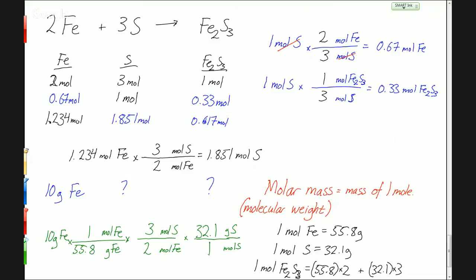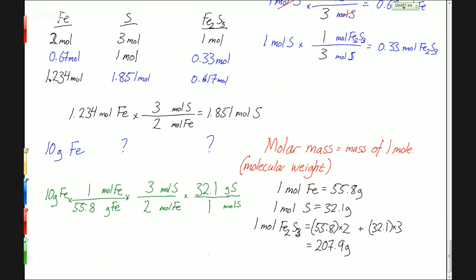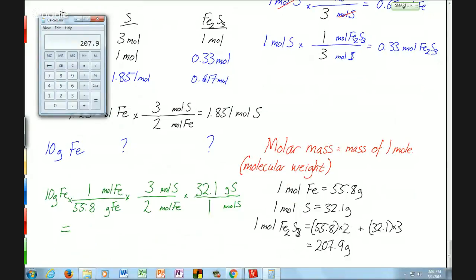And once again, our units all work out. So grams of iron cancels with grams of iron. Moles of iron cancels with moles of iron. Moles of sulfur cancels with moles of sulfur, and we're left with grams of sulfur. So we evaluate that expression. It's going to be 10 divided by 55.8 times 3 divided by 2 times 32.1.